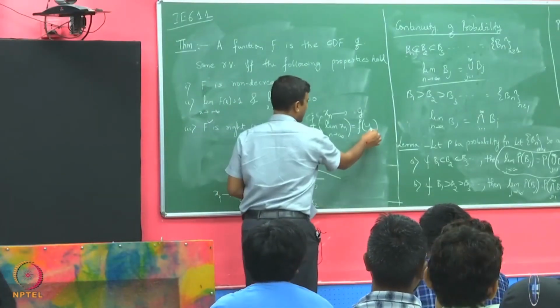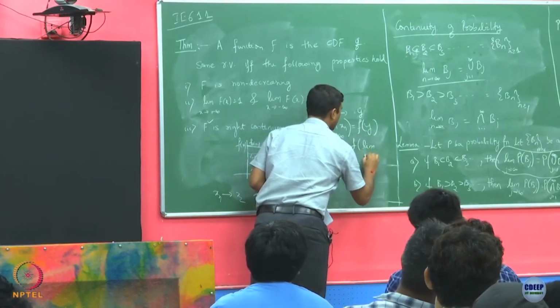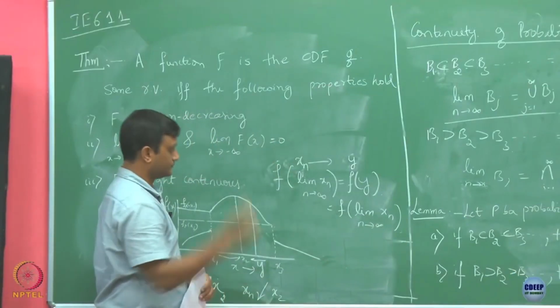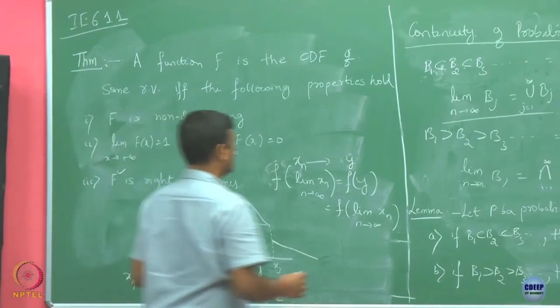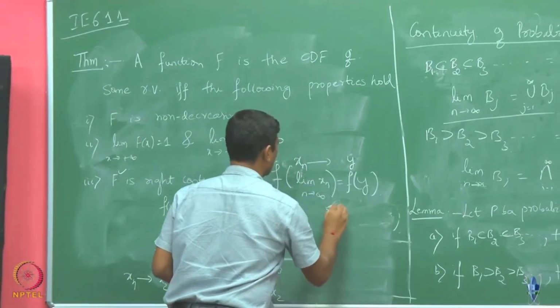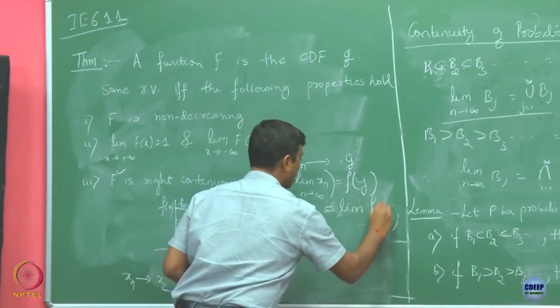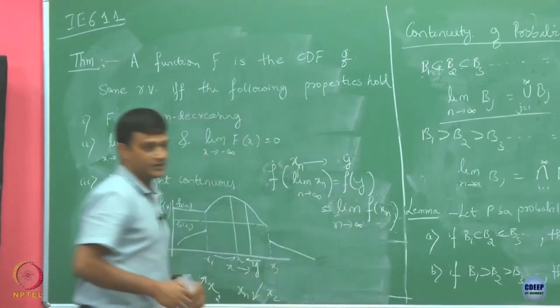So what was y here? Here y was the limit as n tends to infinity of xn. So f of y was nothing but the limit of f of xn as n tends to infinity.